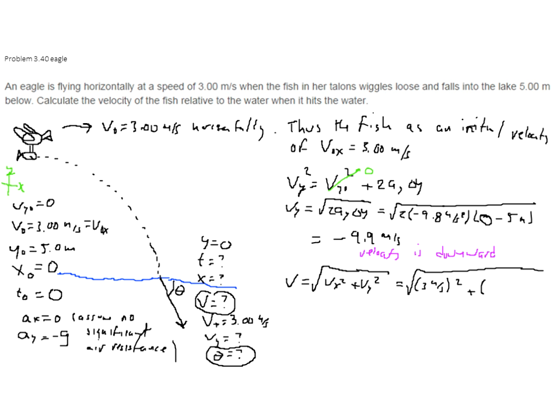And even though some of these things seem kind of obvious, I would not leave steps out when I solve these things. I like to show as much work as possible. And we've got the negative 9.9 in here, but when we square it, that's going to become positive.